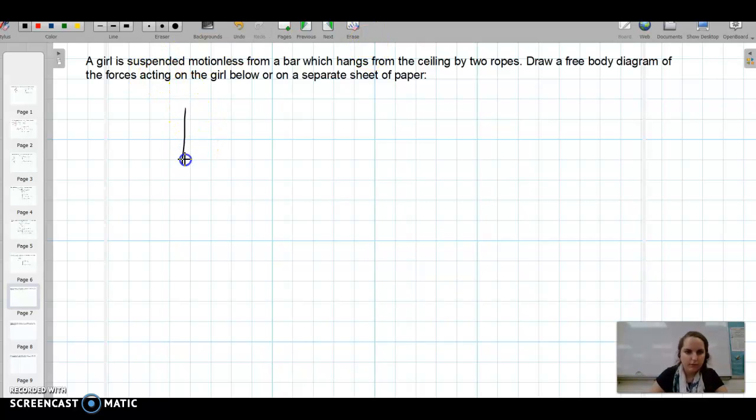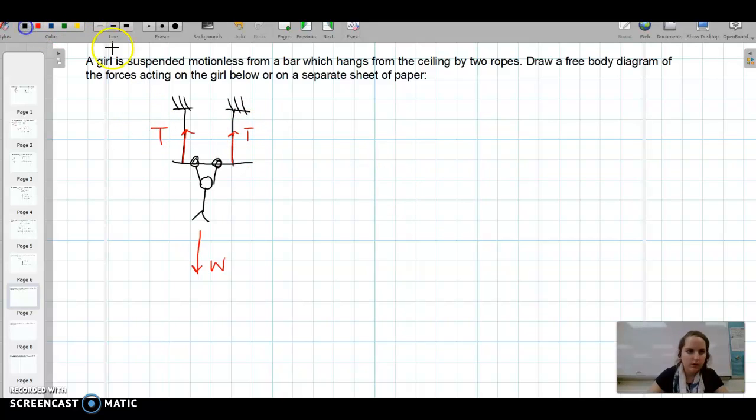Okay, so we have these ropes, and we have a bar, and then we have a girl hanging from those ropes. Sweet. Let's draw this free body diagram. Well, actually, let's identify the forces, right? So we have the weight of the girl, and then these tension forces supporting that weight.